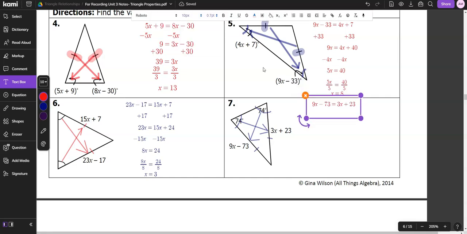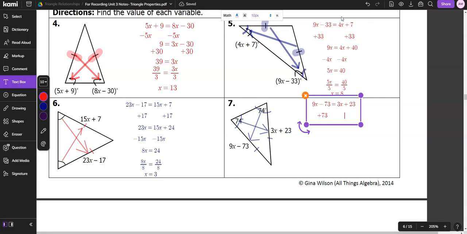All right, so I have 9x minus 73 is equal to 3x plus 23. I'm going to go ahead and add 73 to both sides, again, simply because I like having my positive x on the left. There's no other real reason to do that. I am only making it line up because that is what works for me.